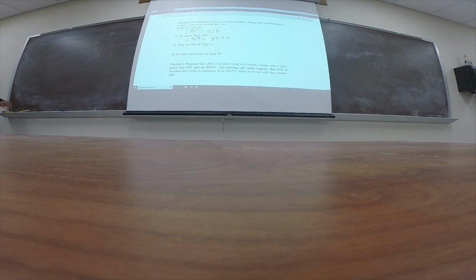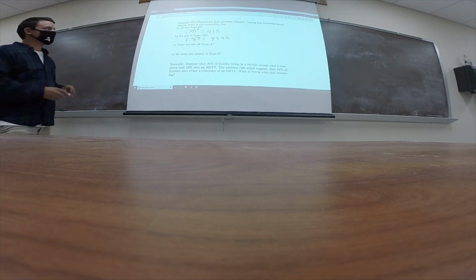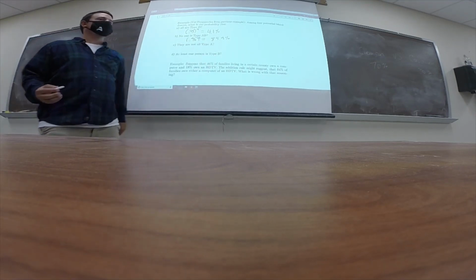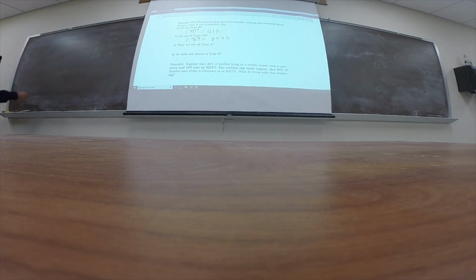We look at C. C says they are not all type A. If you see the words not all, you should think complement rule. What's the opposite of not all A? All type A. All A, yep.